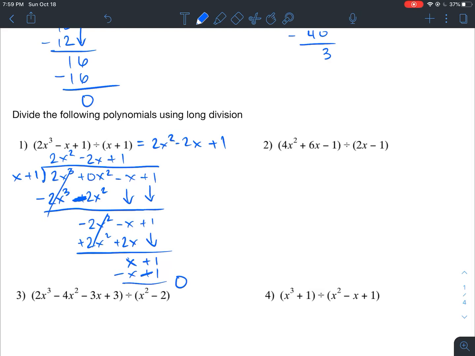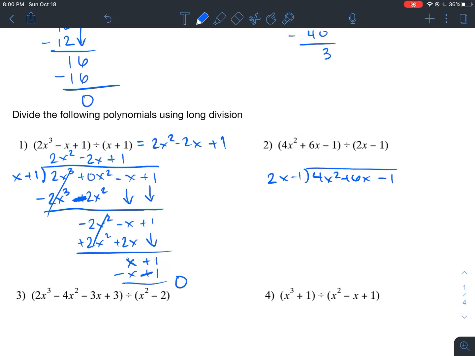Okay, let's try number 2. Note here that we don't need to have any placeholders. We go from degree 2, degree 1, degree 0, and then over here degree 1 to degree 0. So we're not skipping any terms. So no placeholders are needed. So set this up, 2x minus 1, and then underneath here is 4x squared plus 6x minus 1.